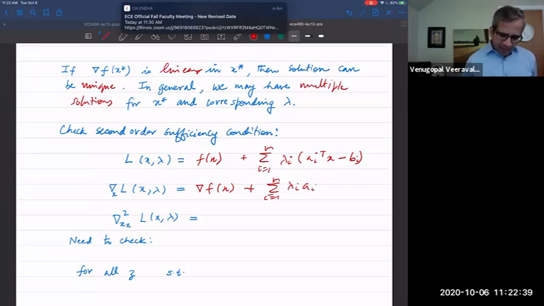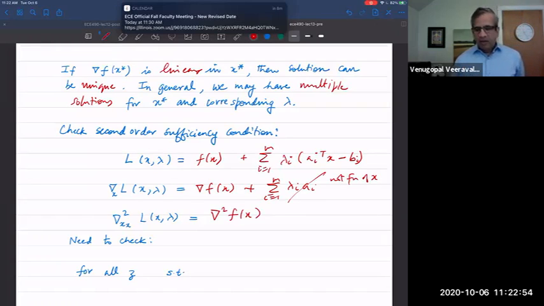And if you take the Hessian, this is not a function of X anymore, so the Hessian is just going to be the Hessian of F. But you don't need the Hessian of F to be positive definite.